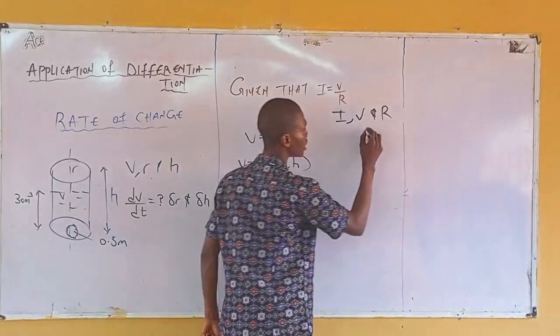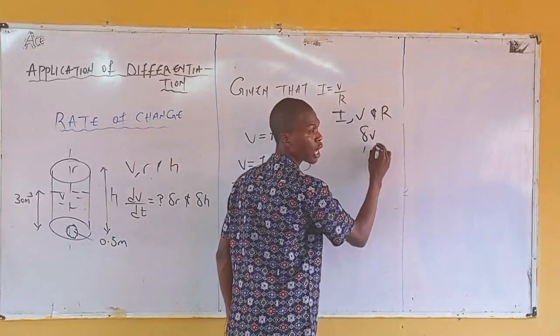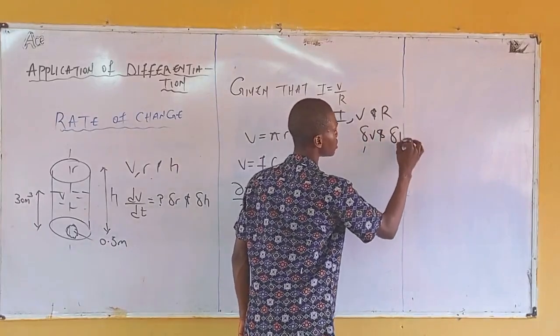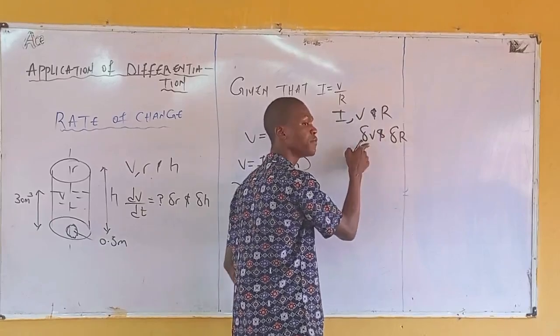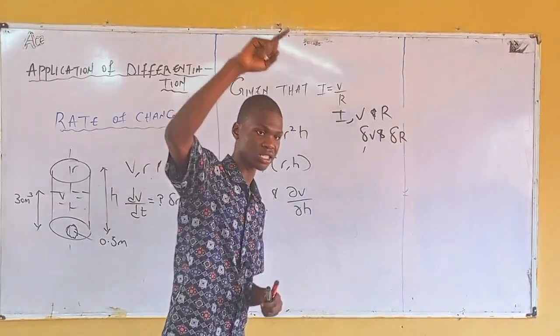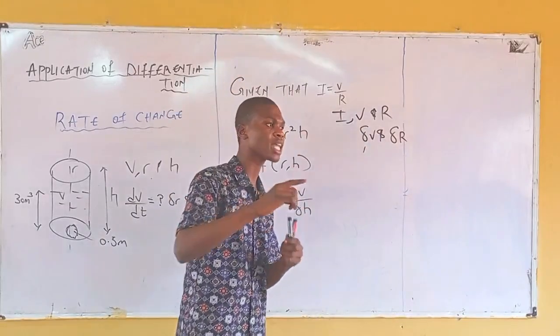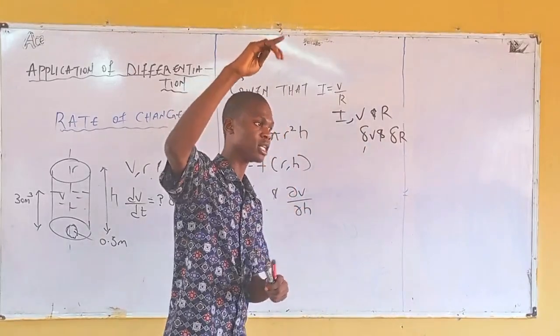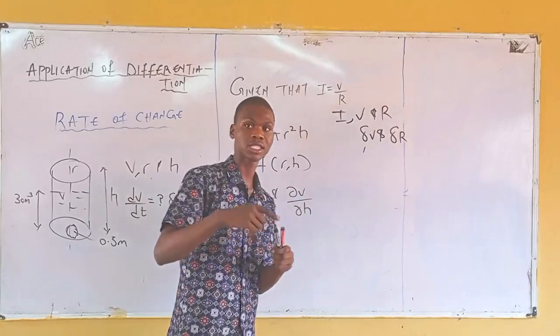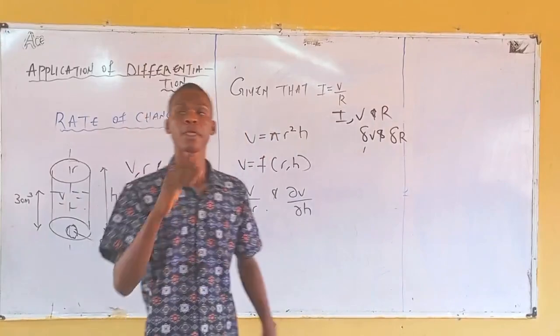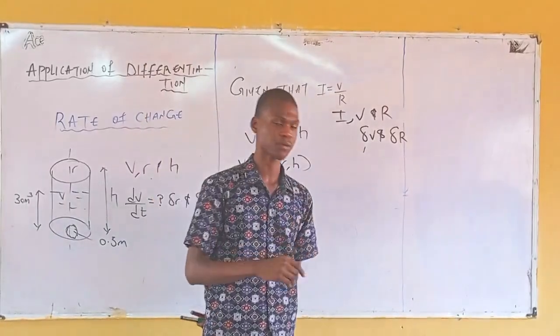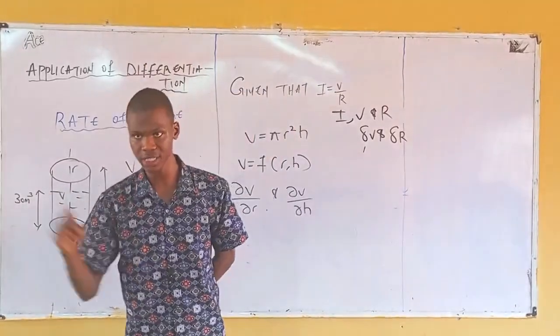This is changing V and changing R. Changing V is either increase or decrease, and changing R is either increase or decrease. The difference is that if it increases, it takes positive. If it decreases, it takes negative.